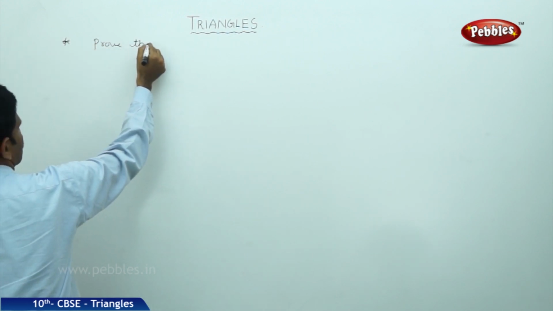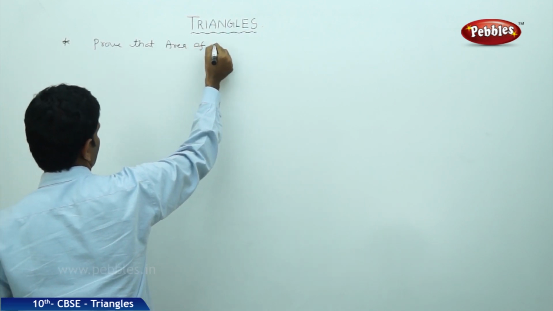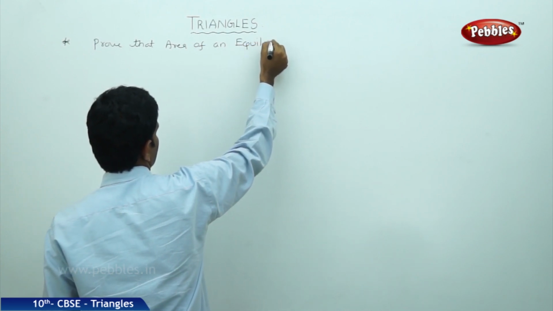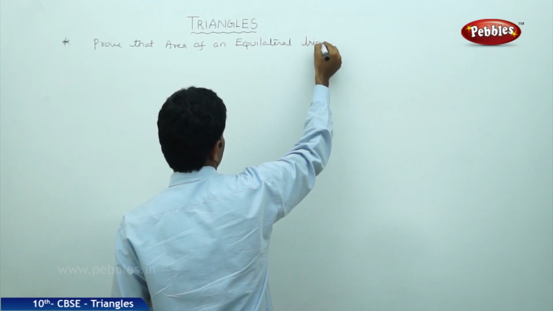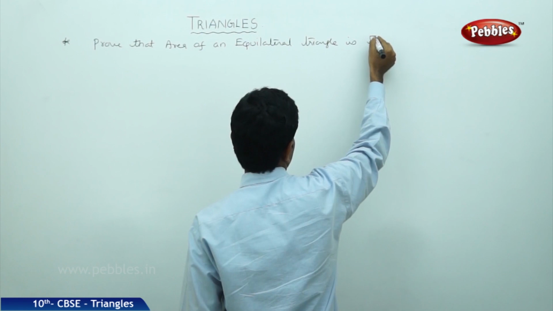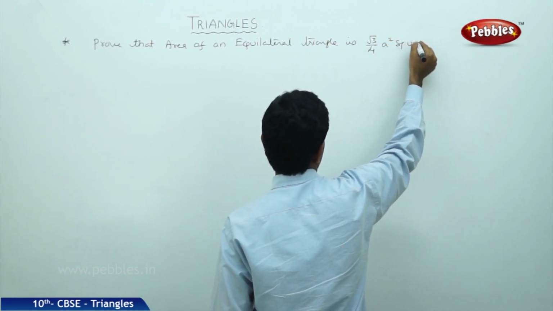Prove that the area of an equilateral triangle is root 3 by 4 a square units.